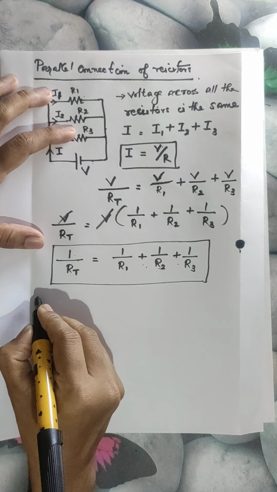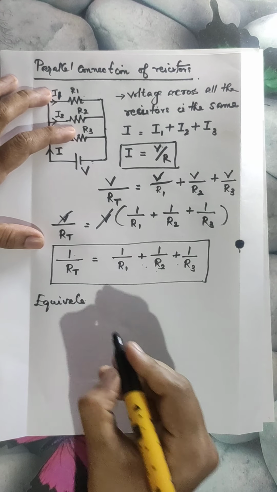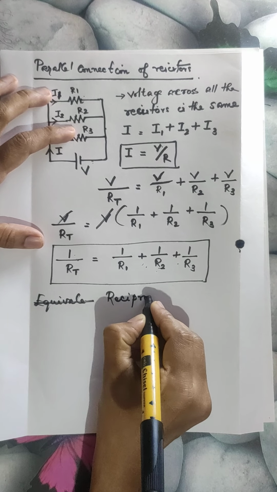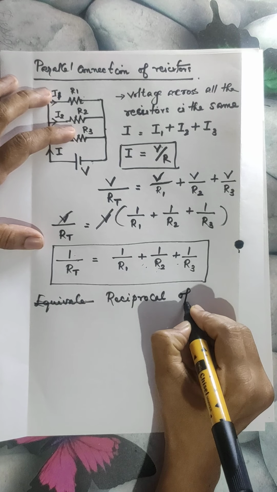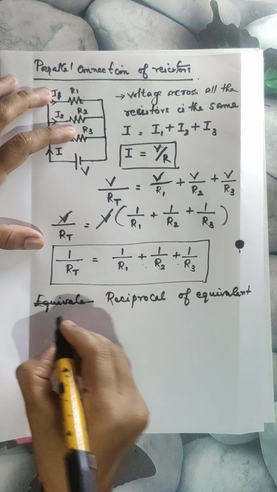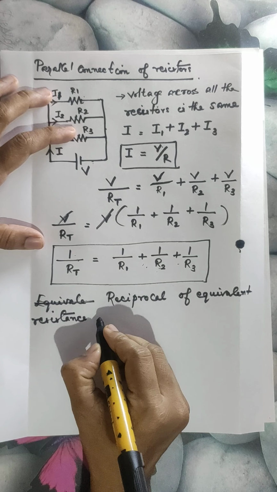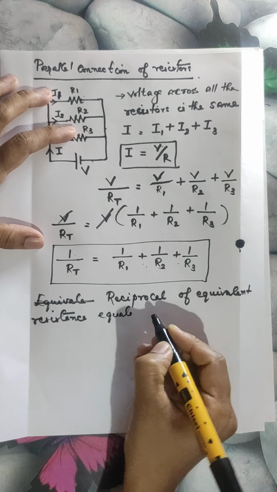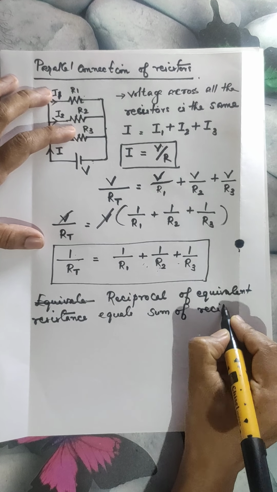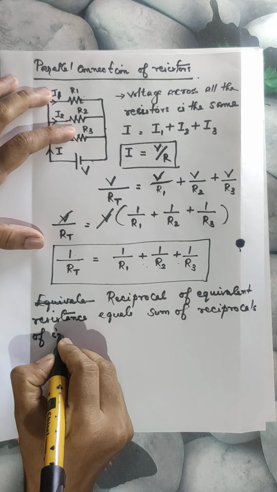That is, in a parallel circuit, reciprocal of equivalent resistance equals sum of reciprocals of individual resistances.